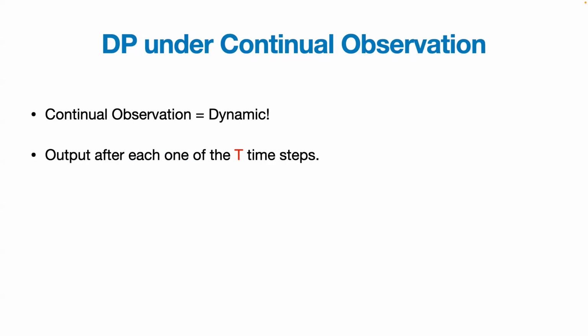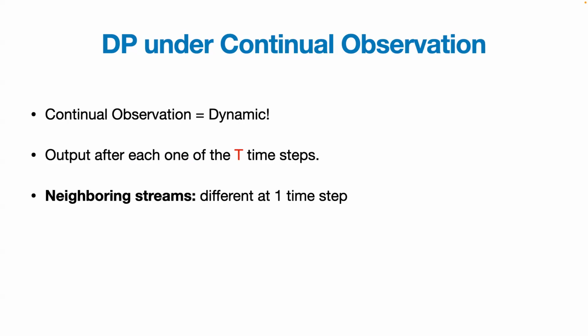So the setting that all of the results in this paper are on is differential privacy under continual observation, which is the DP community's way of saying dynamic algorithms. So we have T updates. After each one of these updates, we have to output based on whatever we've seen so far.